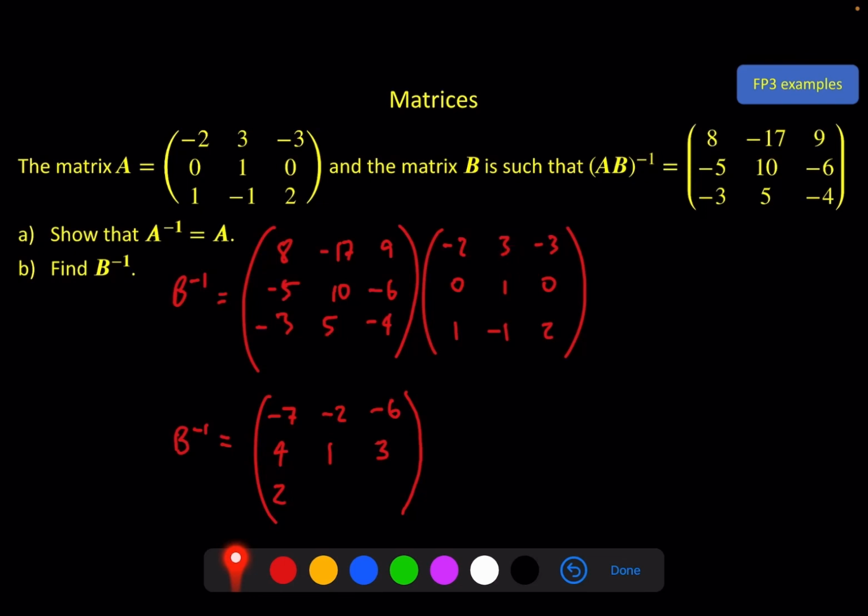Minus 9 plus 5 plus 4 is a 0. And the last one, 9, 0, and minus 8. 9 minus 8 is 1. So here is the answer for the matrix inverse B.